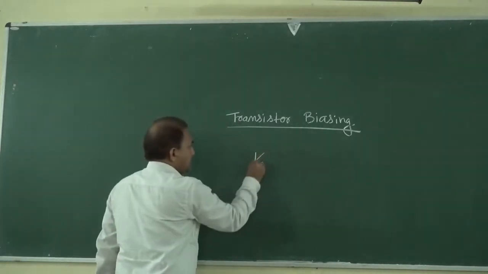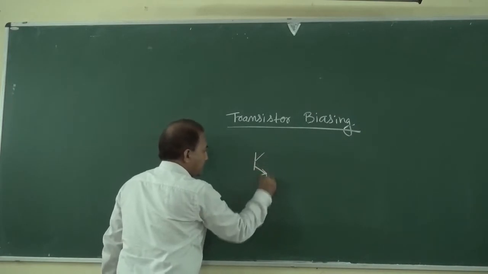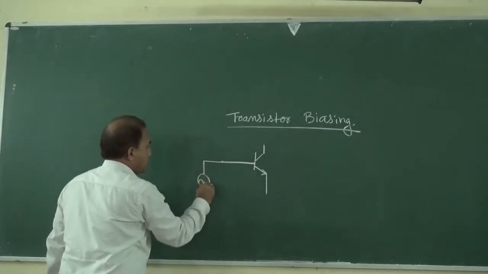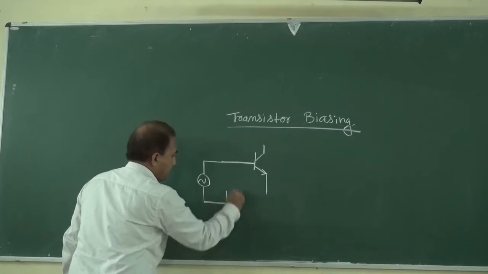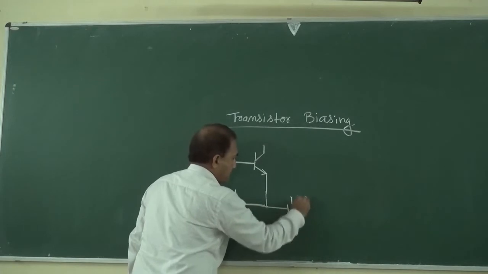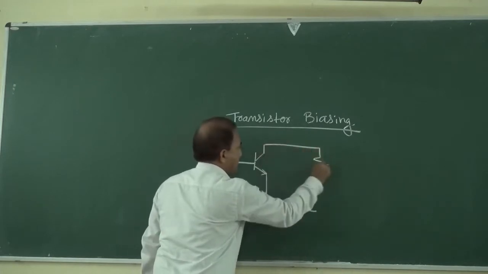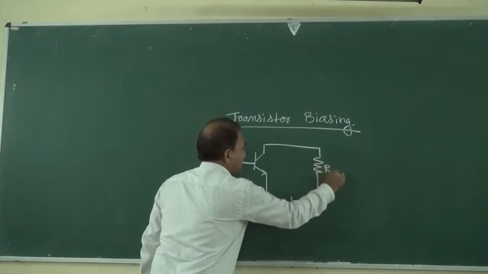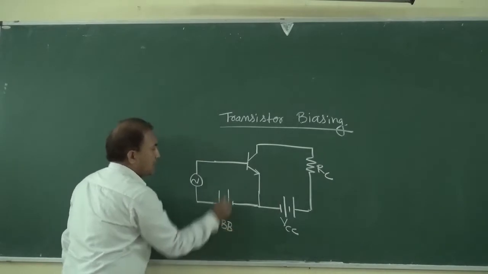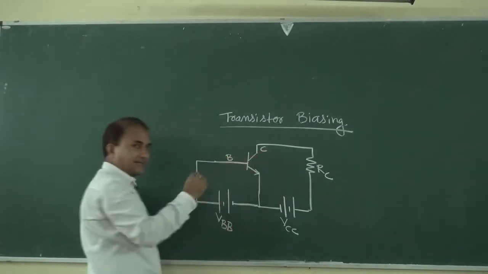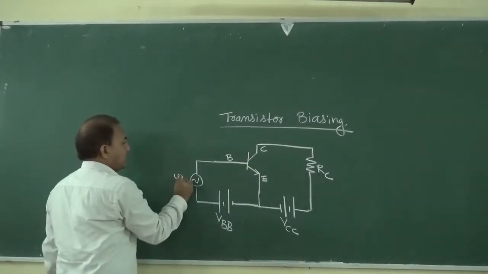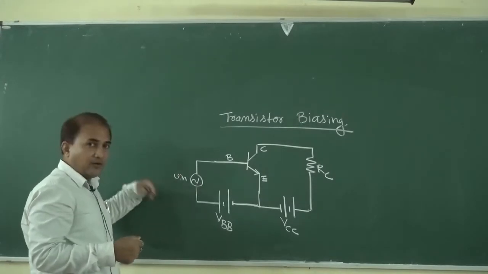Suppose this is a common emitter mode NPN transistor. This is RC and this is VCC, this is the base terminal, this is the collector terminal and this is the emitter terminal, and this is the V input, the AC input that we want to amplify.